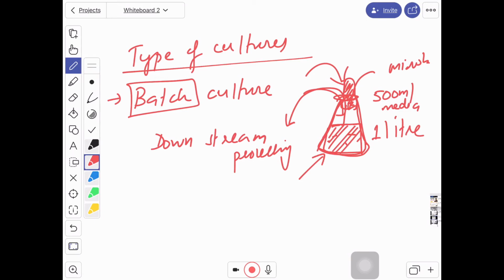Once the entire process is over, that means the growth curve of microbes, lag phase, log phase, stationary, decline, at the stationary phase we take out the culture and go for downstream processing. The culture vessel or fermenter or bioreactor is emptied, and a new batch of culture will be introduced later on. Such cultures are known as batch culture.